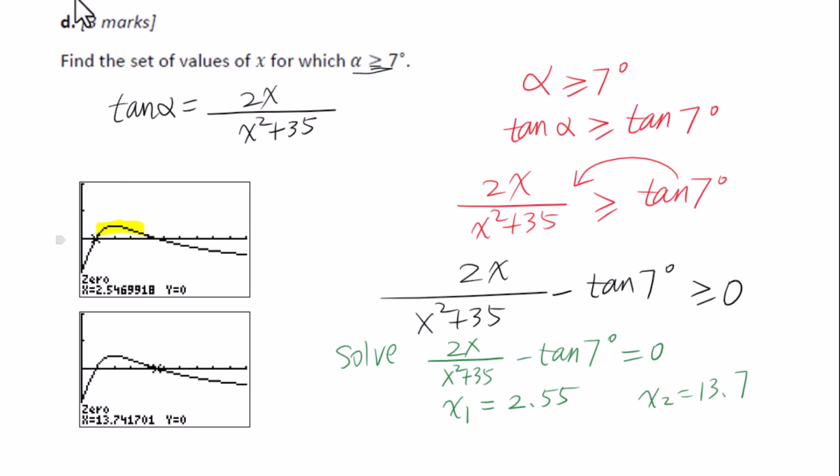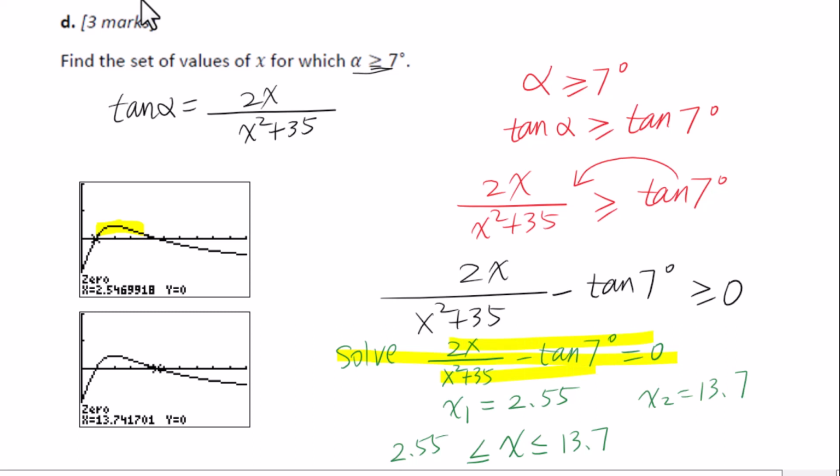We know the graph above the x-axis is the solution to the inequality. So x is greater than or equal to 2.55, less than or equal to 13.7. Remember, when you solve an inequality, show the work to solve the equation to get the solution. Then you can get the solution to the corresponding inequality.